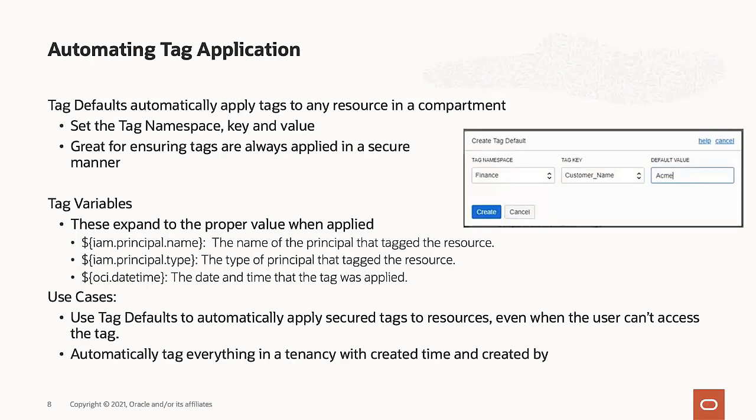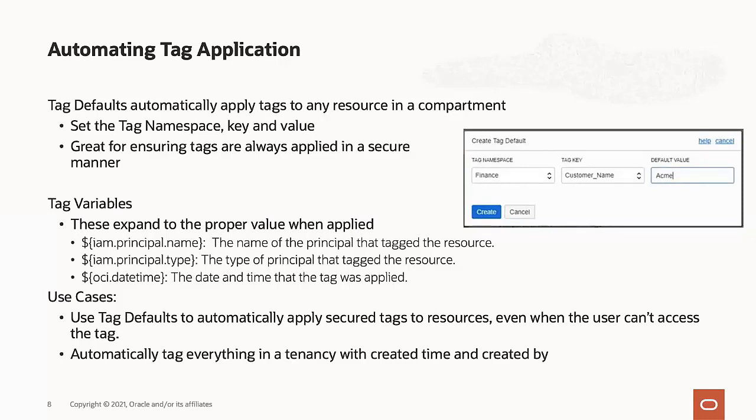And in order to do this, you would just set the tag namespace key and value under the tag default creation window. So when you select on that tag default, you'll be prompted to select your tag namespace, tag key, and default value. And there are also some tag variables that go with default tagging.